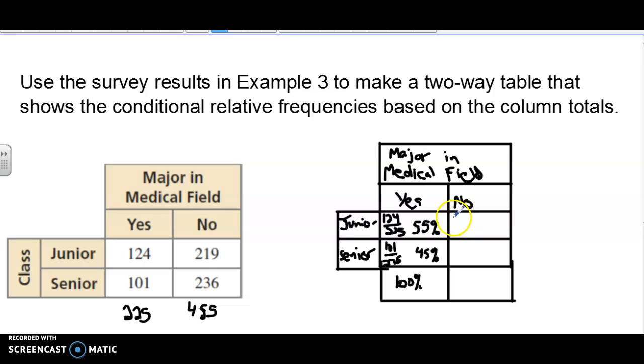So now I'll do 219 for this one, divided by 455, and then 236 divided by 455. So 219 divided by 455 is 48%.